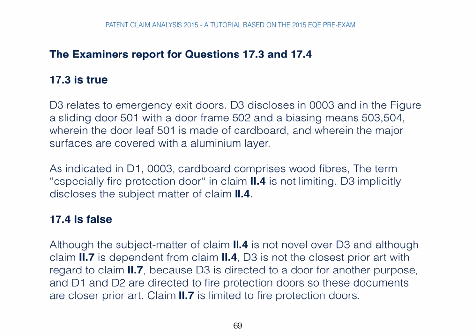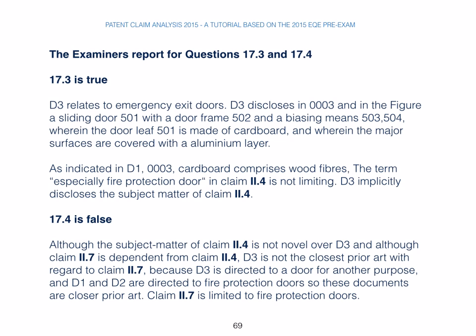17.3 seems to be clear. Note that the cardboard conundrum that we saw in question 15.2 comes up again. Does D3's cardboard contain wood fibers? Note also that an implicit disclosure is a disclosure, when the question was, does it disclose?